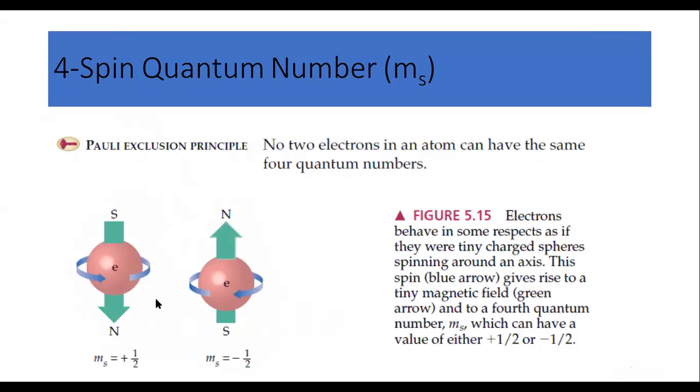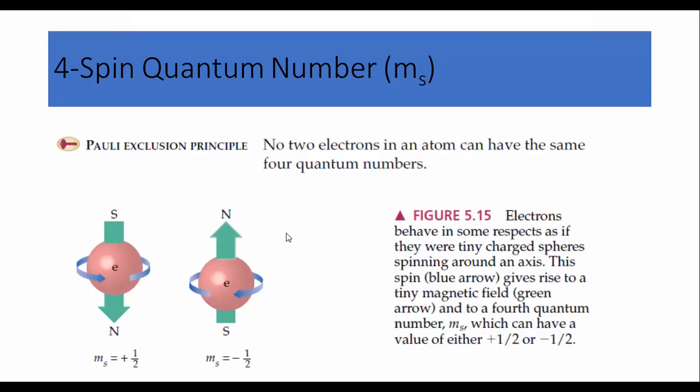So the spin of the electron is different for the two electrons. One has the clockwise rotation and one has the anti-clockwise rotation. So this is all about our fourth quantum number.